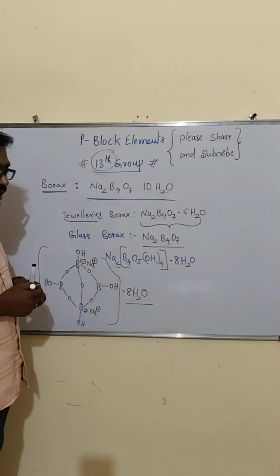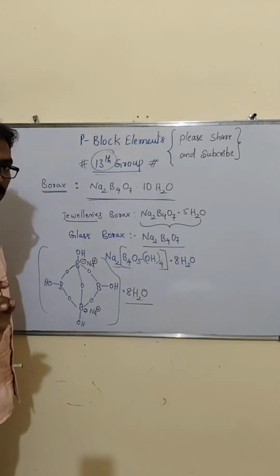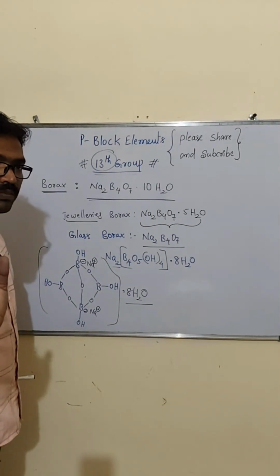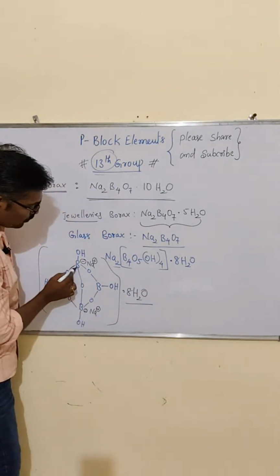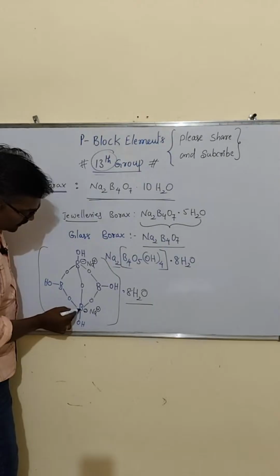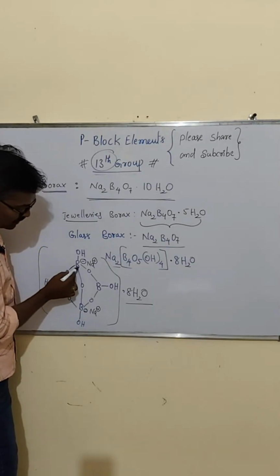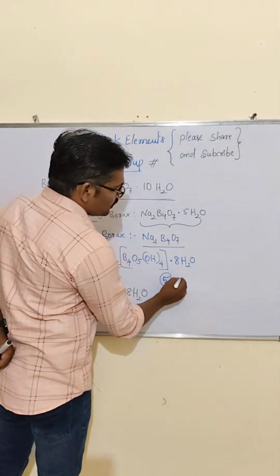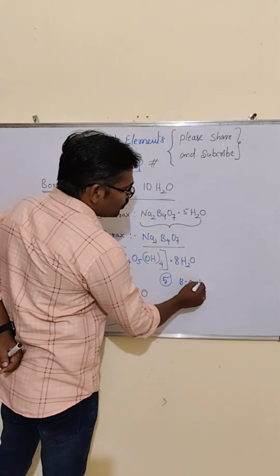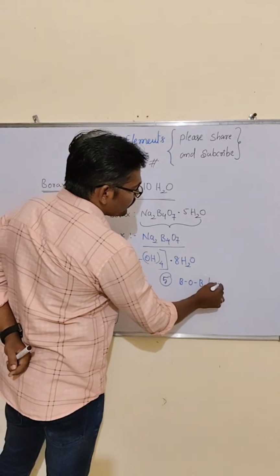Here they are asking a question: how many B-O-B bridge bonds are present? Look at 1, 2, 3, 4, 5. So 5 boron-oxygen-boron bonds are present.